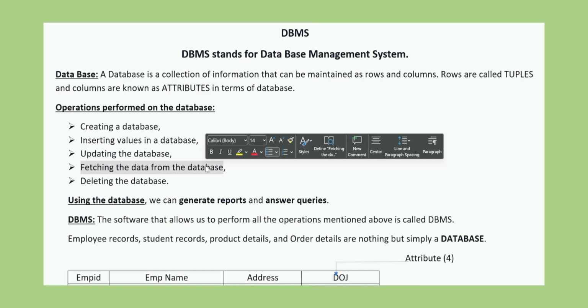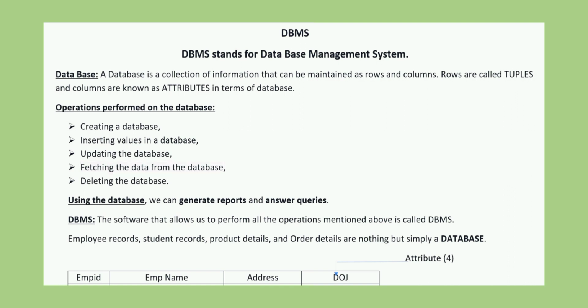For example, we are maintaining an employee table in a database, and we want to know how many employees are getting a salary less than 20,000. On the basis of the inserted values, we can fetch the required data from the database.